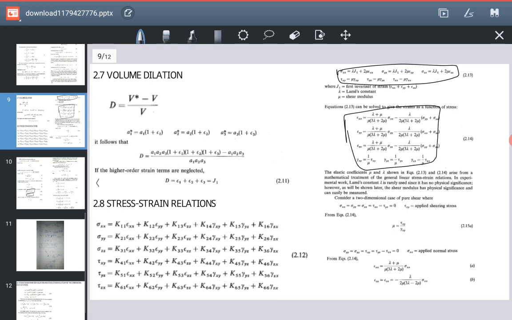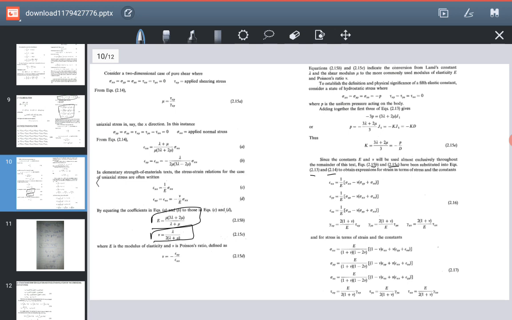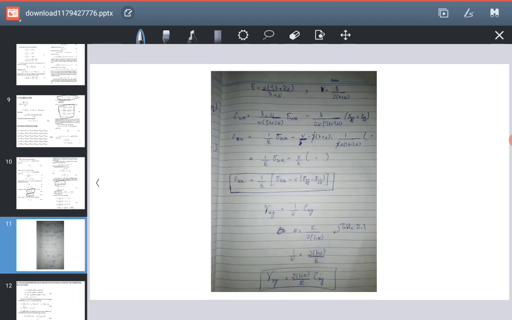Okay, so I have done this work for sigma xx, and I've done this in the next slide. If you can see here, I have taken these and put it here, and by simplification I get this.